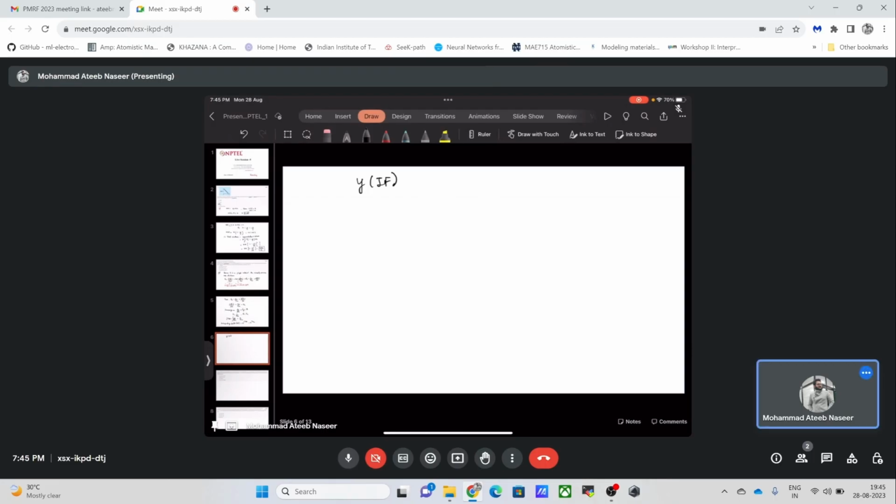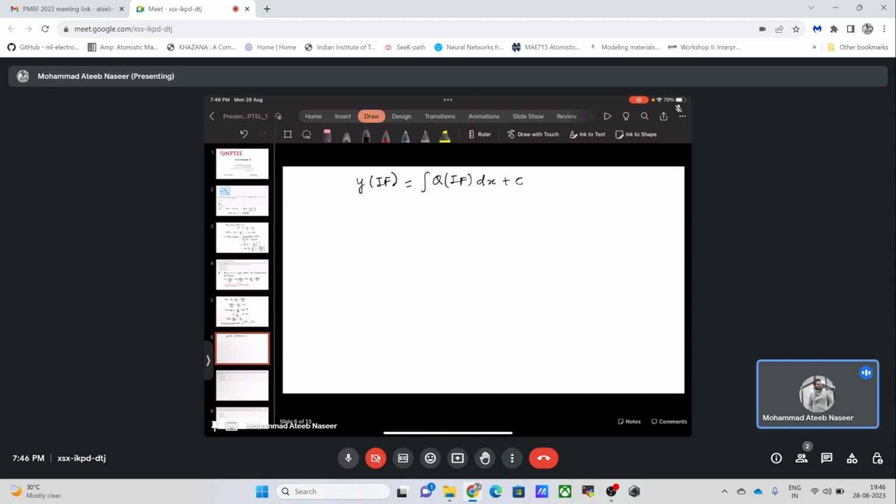Sorry, I had a call to attend. So y times the integrating factor is equal to the integral of the integrating factor multiplied by q, integrated over dx.